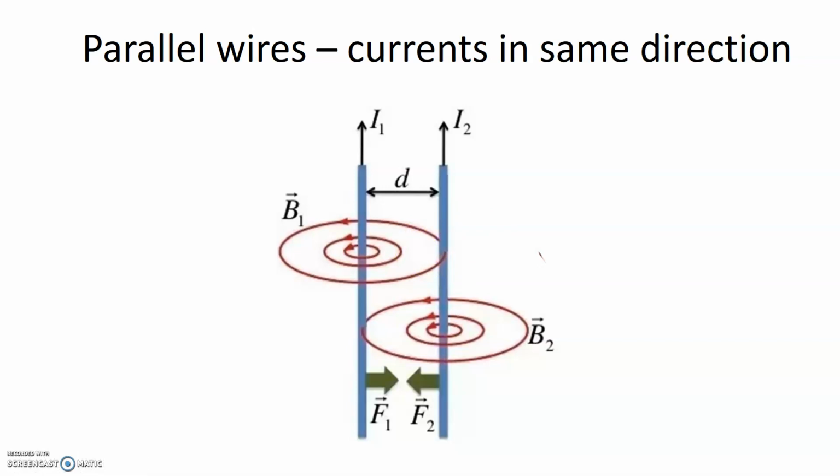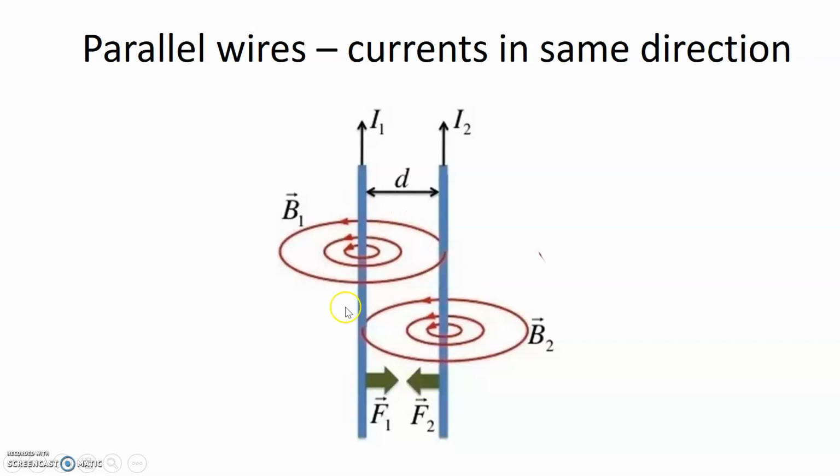So first we uncurl our hand, make sure it's totally flat, put our fingers in the direction going into the screen. Now the current is going upwards, so we have our thumb going upwards, and then our palm should be pointing in the direction of this arrow F2 here. So the force on wire 2 from wire 1 is pushing to the left, pushing wire 2 towards wire 1.